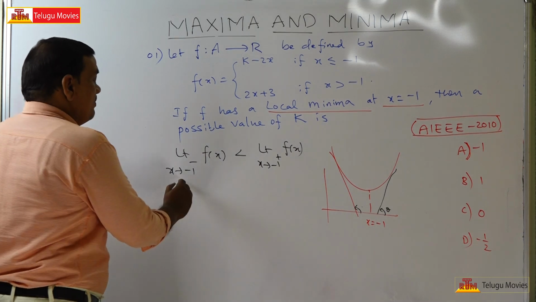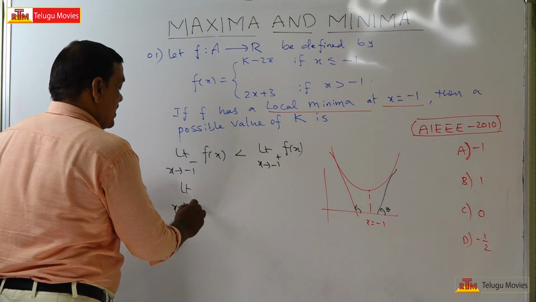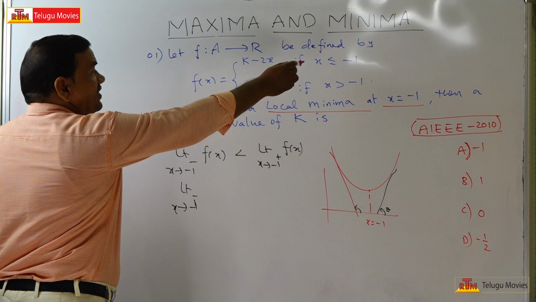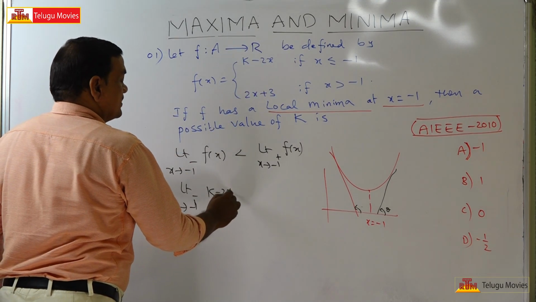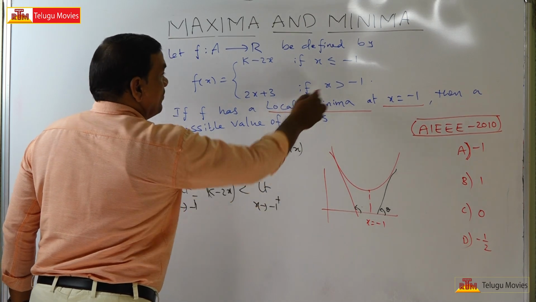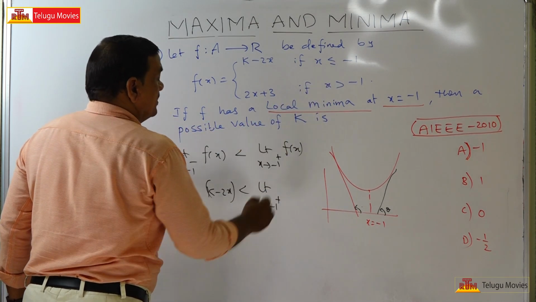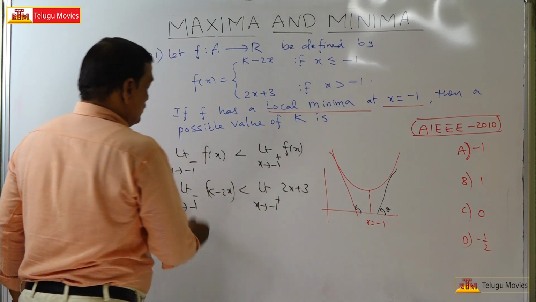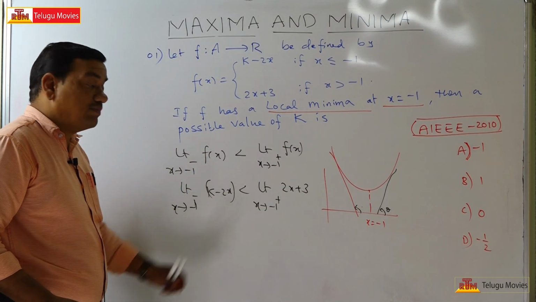What is here? The limit as x tends to minus 1 from the left of f(x) means k minus 2x is less than the limit from the right of f(x), that is 2x plus 3. Now substitute x equal to minus 1.